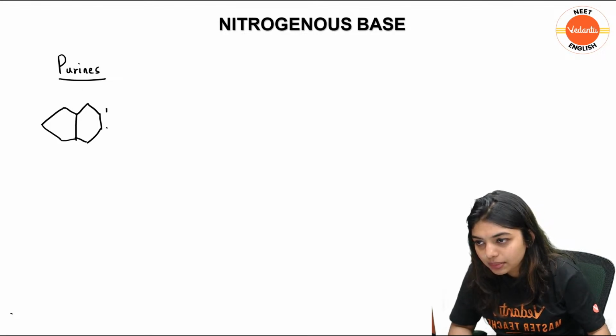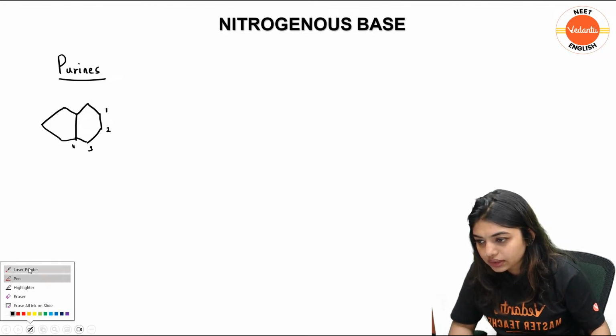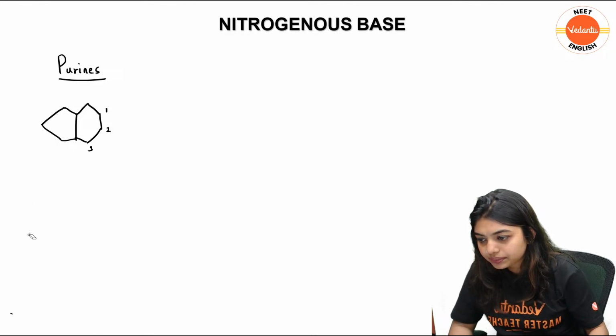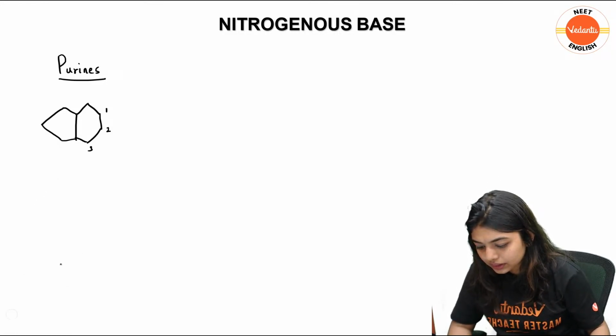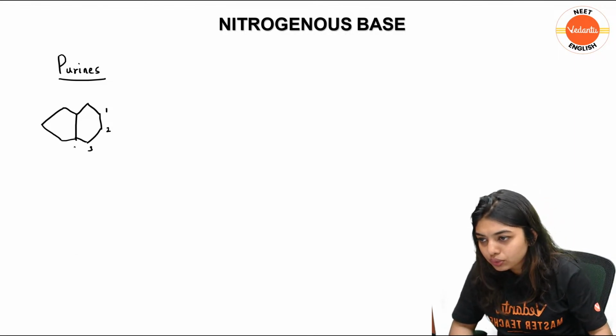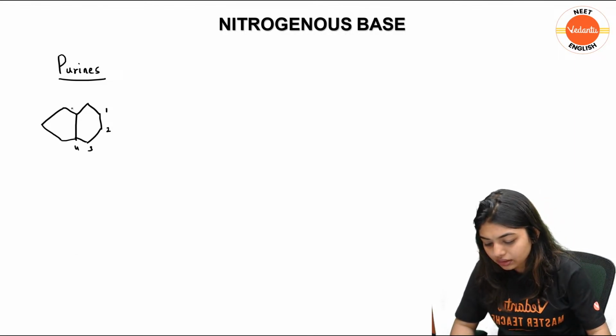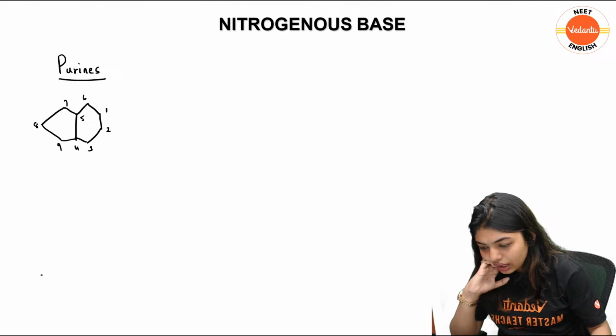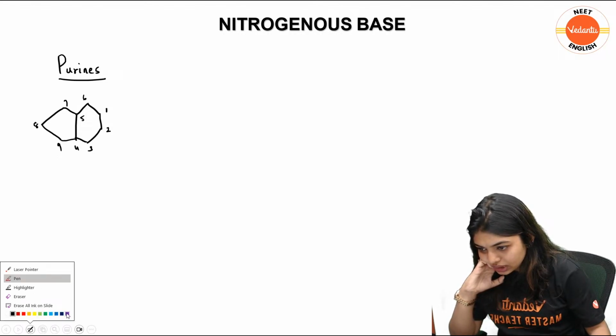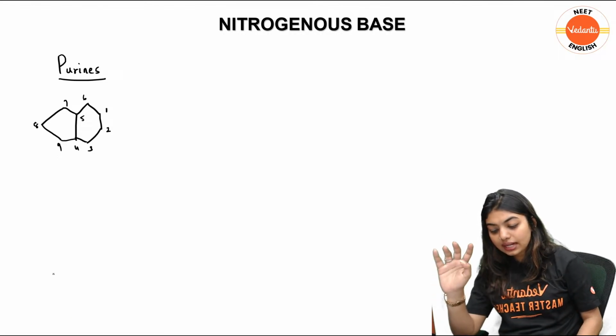So let's start labeling. 1, 2, 3, 4. Where will it come? 5, 6, 7, 8, 9. These are the positions. Now, out of these positions, students, 4 positions have nitrogen attached.